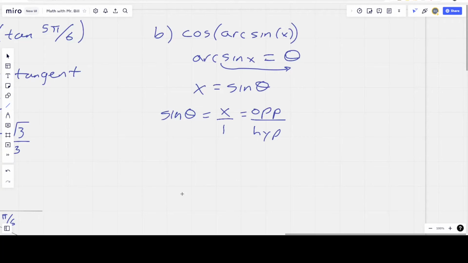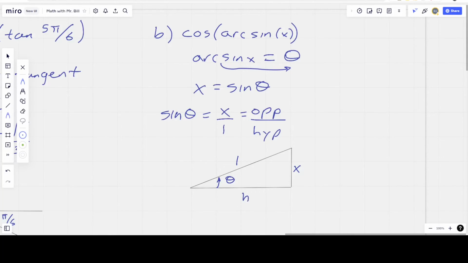So now if I get out a right triangle here, I can know what the sides are because I know what the relationship between the opposite and the hypotenuse is, and I also have the Pythagorean theorem. So let's call this theta right here. And then the sine tells us that the opposite is x and the hypotenuse is 1.